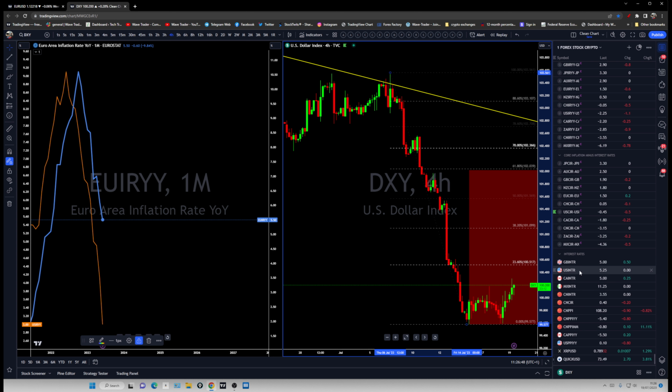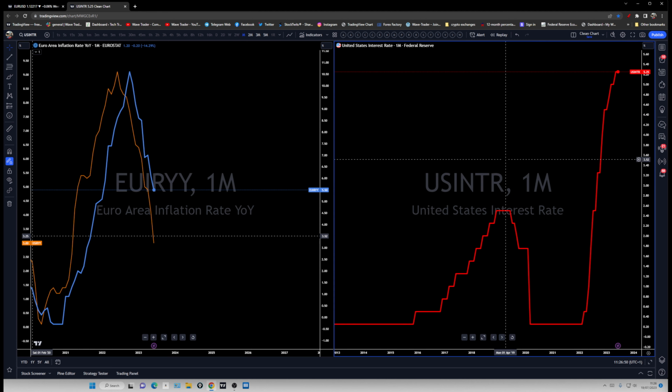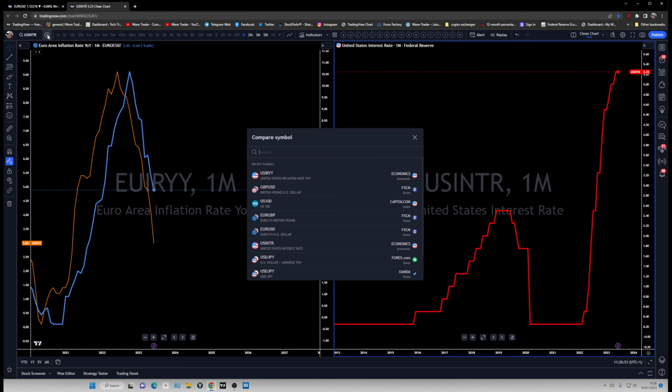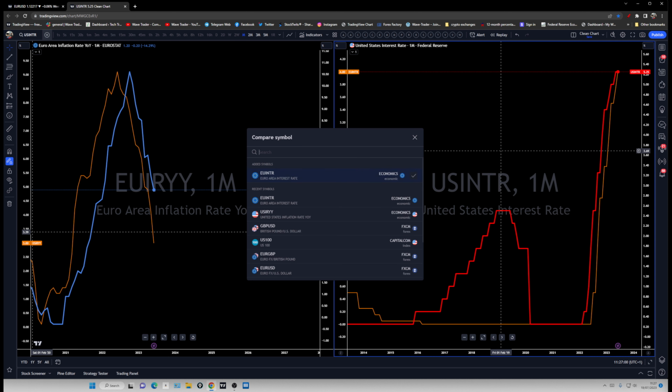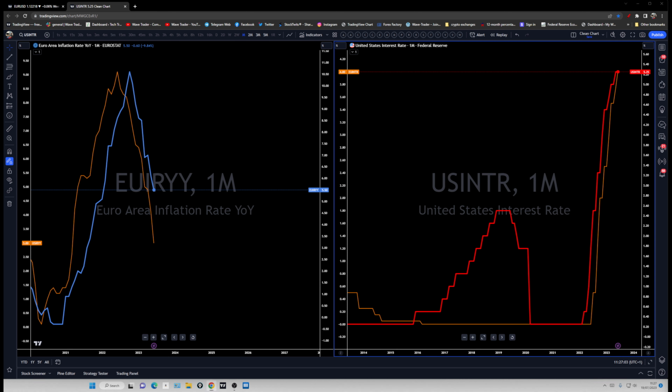This is the US interest rate, which is standing at 5.25. If I pull out the EU interest rate on it, we can see that the interest rate in the US is standing at 5.25. There might be another hike next week from the Fed, while the interest rate is standing at 4 in Europe.